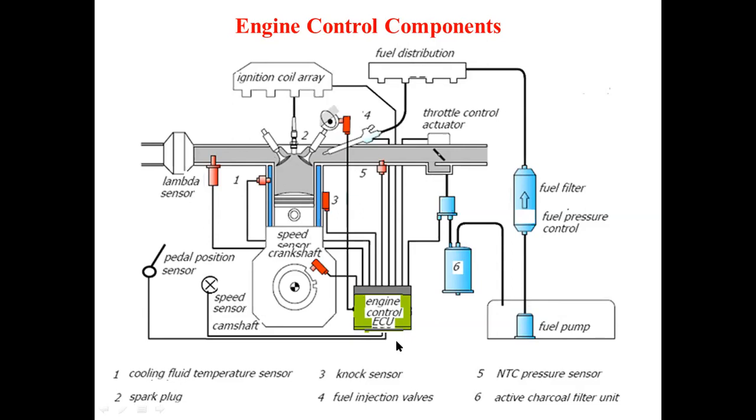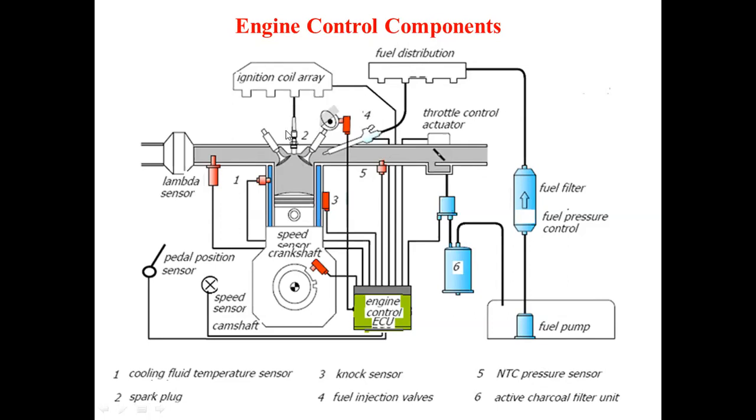Here, when your air is passing through this, you also need to know the air temperature, so air temperature and pressure. This fifth one is called an NTC pressure sensor. What is NTC? That is a negative temperature coefficient pressure sensor, and this pressure is not of the fuel, the pressure is of your air. So at what pressure air is being introduced, at what pressure fuel is being introduced.